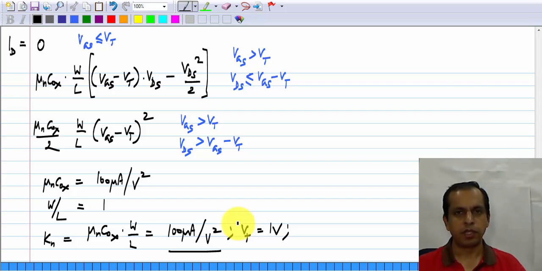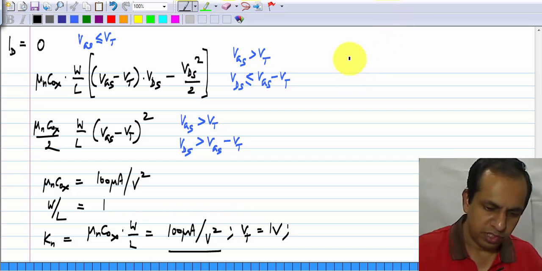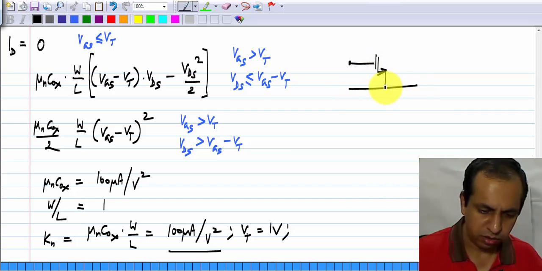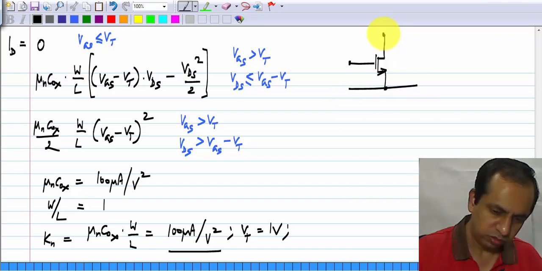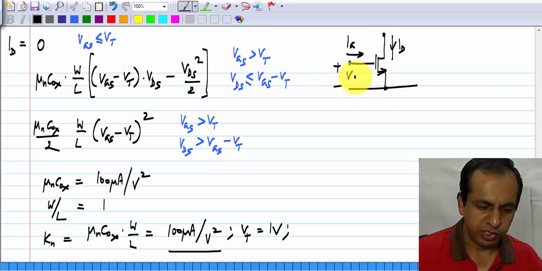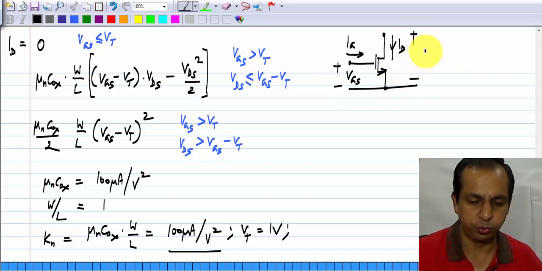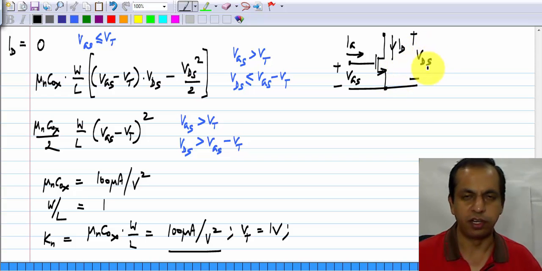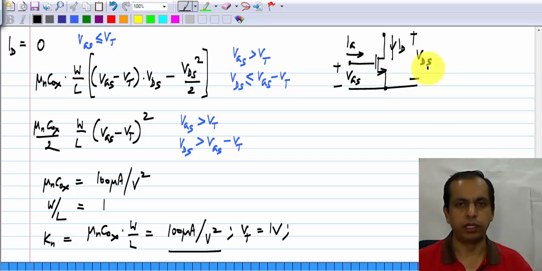Now what are the characteristics we have to sketch? The MOS transistor is a 2-port. There is the drain current ID, the gate current Ig, and each of these has to be sketched as functions of the 2-port voltages, VGS, the gate source voltage, and VDS, the drain source voltage. Now the gate current is 0, so there is nothing to sketch there.